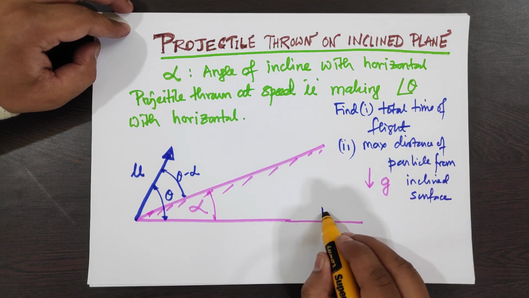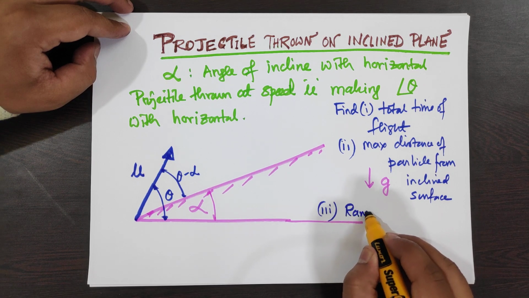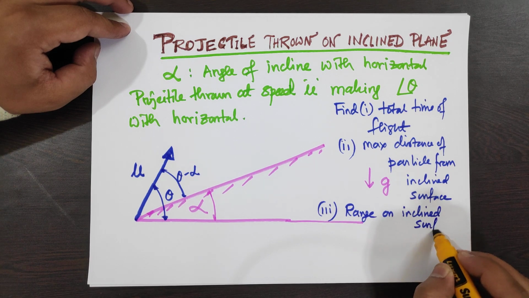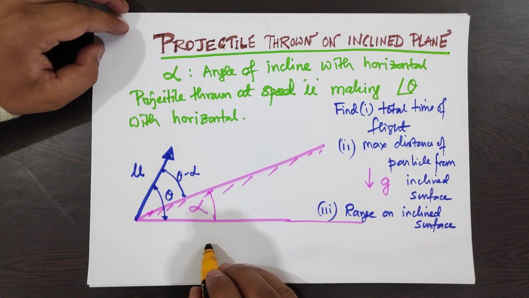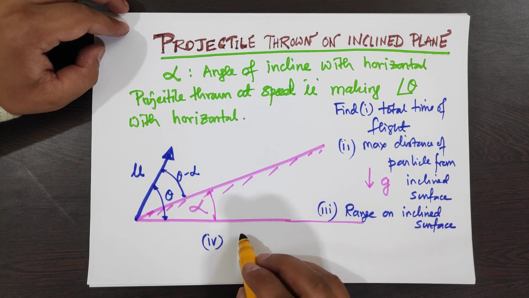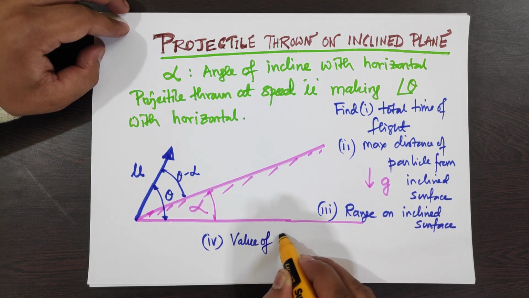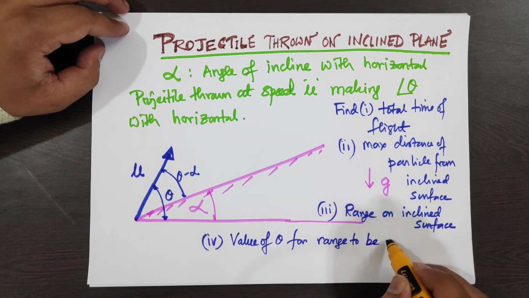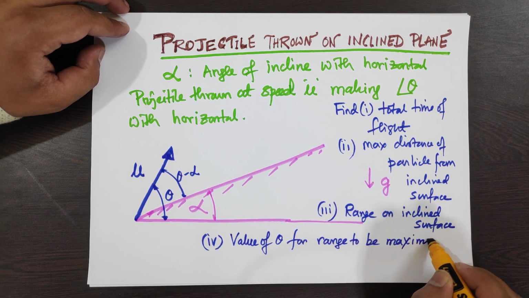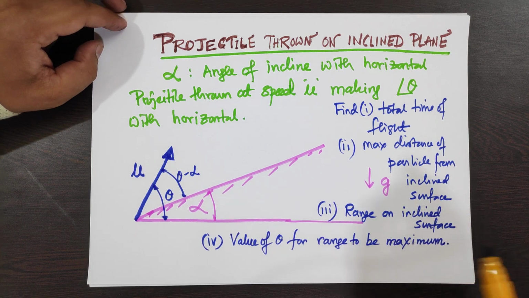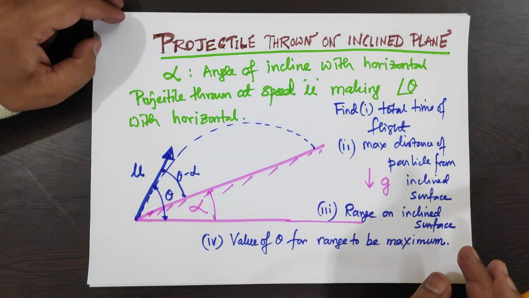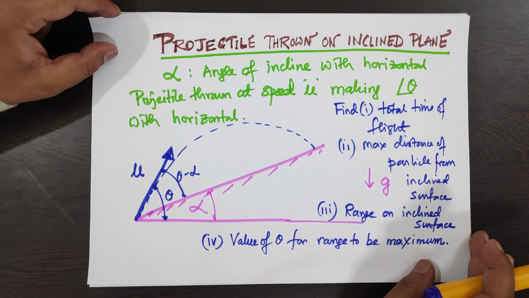Now next you have to find the range on the inclined surface, and next is the condition for maximum range, that is the value of theta for maximum range. So it is the path like this. You have to find all these conditions.